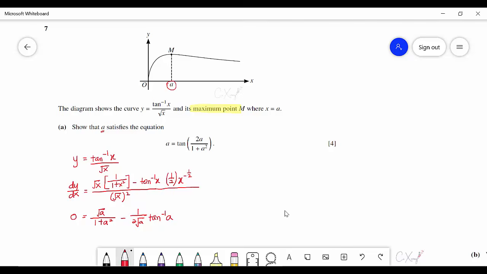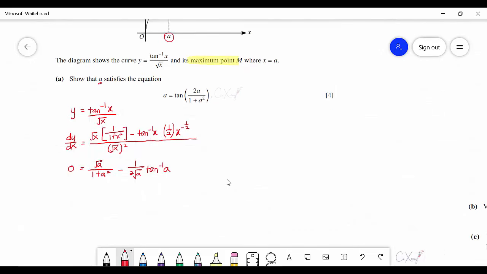So maybe you just need a little bit of planning before you continue the steps. In our step here, we have tangent inverse, but in the final answer, they have tangent. So that means the tangent inverse, you need to move it over later so that it becomes a tangent. So what I am going to do from this step is group the tangent inverse at one side.